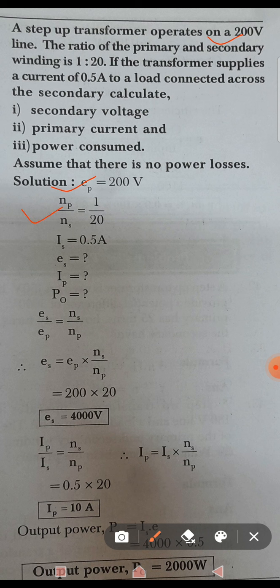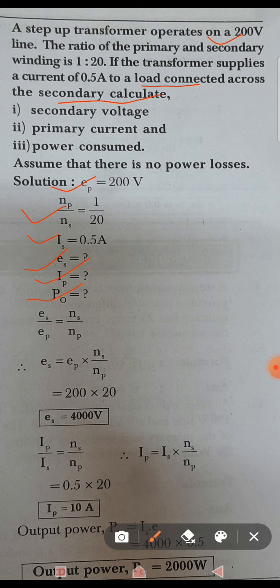If the transformer supplies a current of 0.5 ampere to the load connected across the secondary coil, it means the current of the secondary, IS, is given as 0.5 ampere. So calculate the secondary voltage ES, calculate the primary current IP, and the power consumed, which is the output power. You can calculate the output power or input power, you will get the same answer.